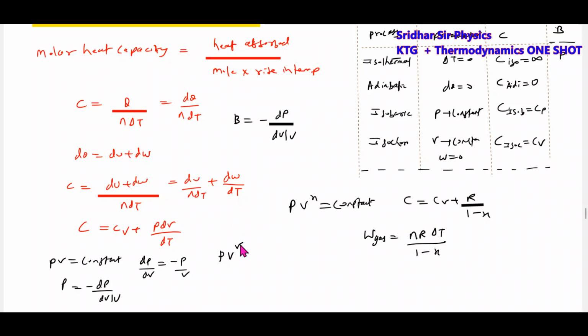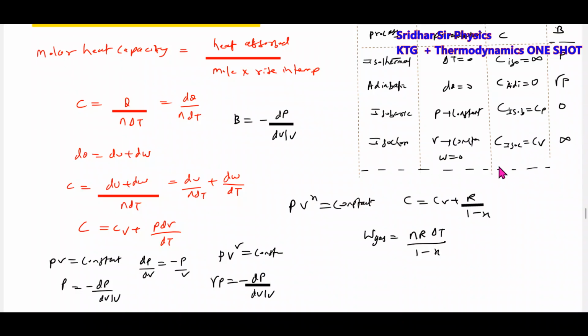For adiabatic process, you differentiate here, so this will become gamma P equals minus V dP by dV. So bulk modulus for adiabatic process will be gamma P. For isobaric process dP is 0, so bulk modulus will be 0. For isochoric process, bulk modulus will be infinity. For different processes, the bulk modulus, elasticity, will be different.